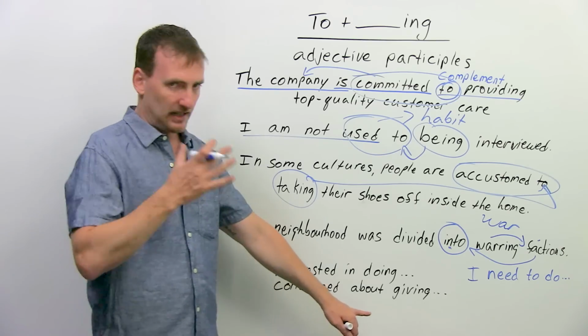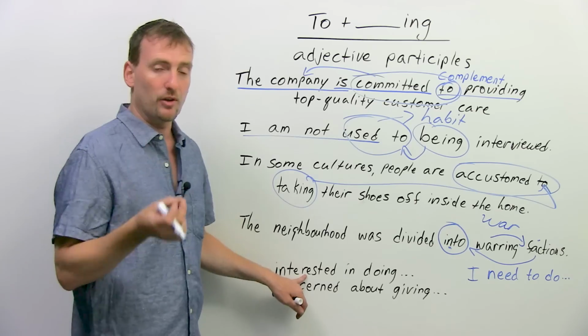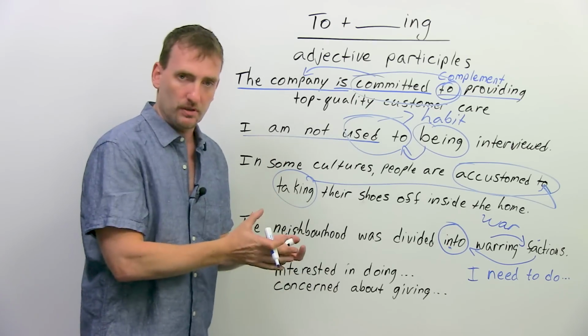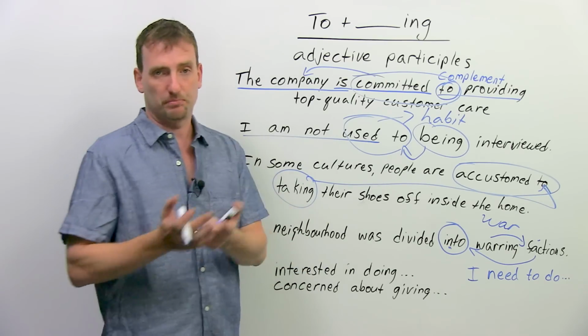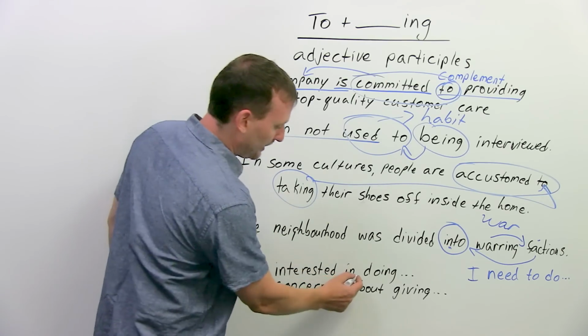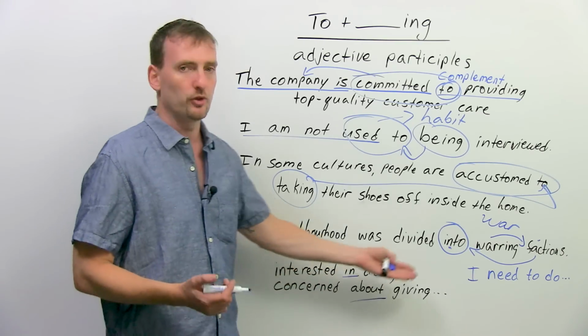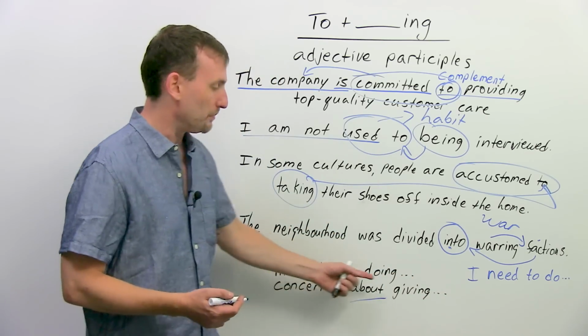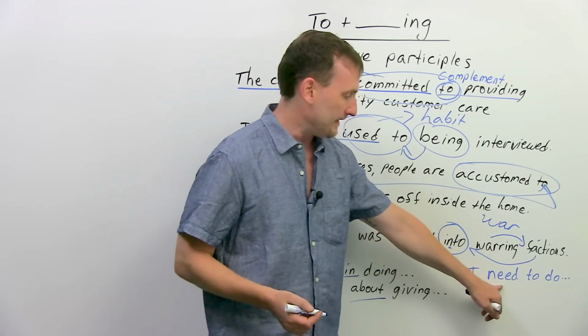Now, I just want to make sure that it's clear that we're using prepositions. Interested, although technically it is a verb, it is being used as an adjective. Concerned is a verb, being used as an adjective. They take different prepositions, but the idea is all the same. I'm interested in doing something. I'm concerned about giving away all my secrets, etc. On the other hand, I need.